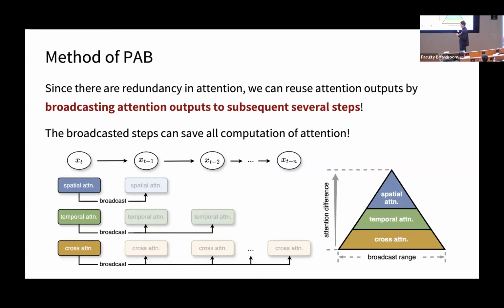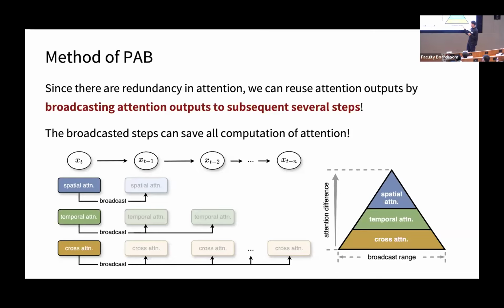So we have three kinds of attention: spatial attention, temporal attention, and cross attention. We know the spatial attention is very aggressive, so we just reuse it once. We compute it once, and we use it for 2 times. And for the cross attention, it's very stable. You can use it 5 times or 6 times. We do the computation once, and we use the cross attention for 6 or 7 times.